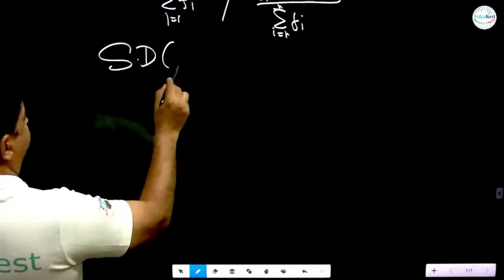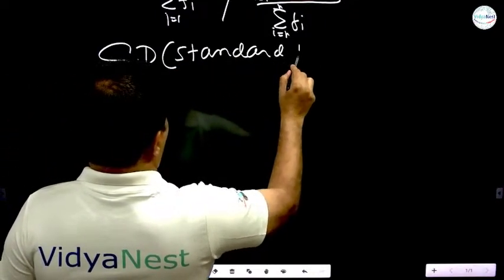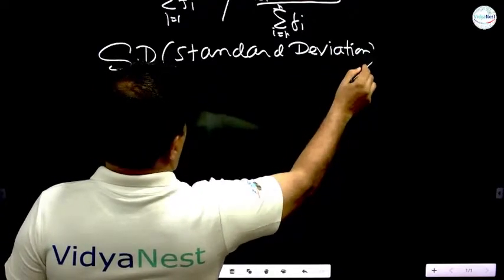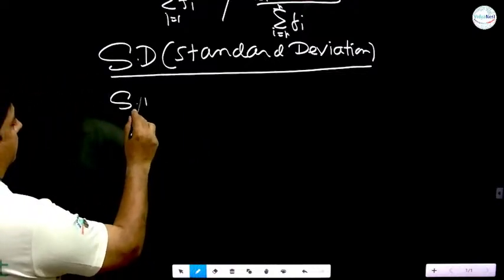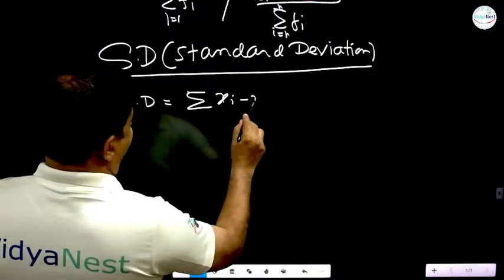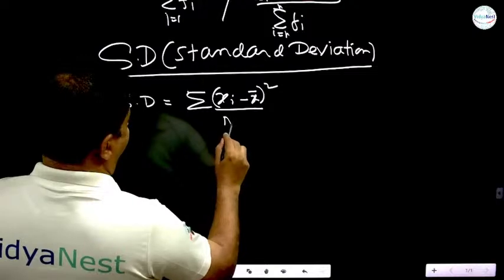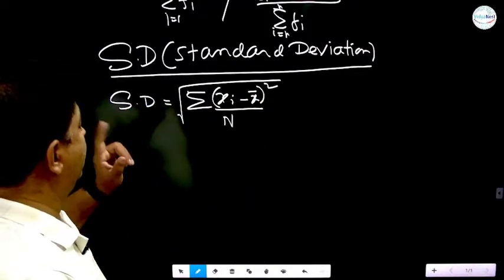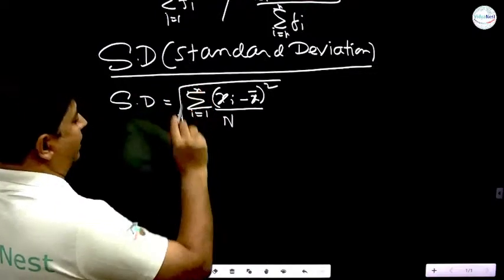Standard deviation is square root of summation of xi minus x bar whole square by n, where i starts with 1 to n.